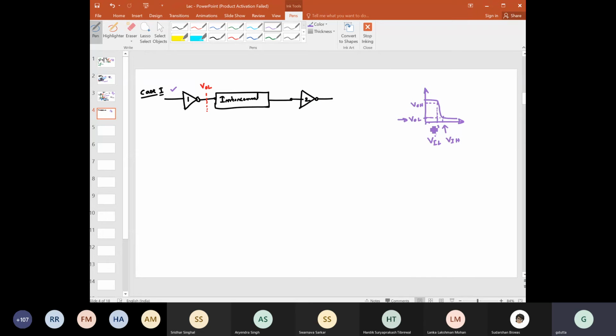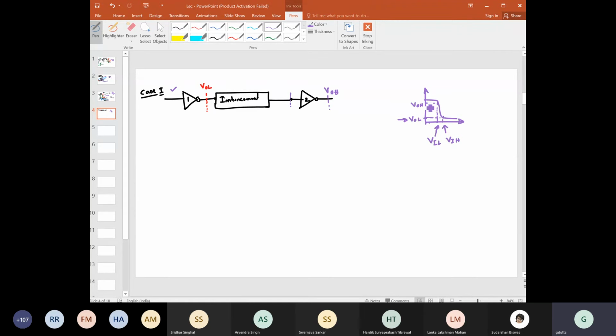So if 0.2 volt is the input for the second inverter, then the output is expected to be above VOH, or at least VOH. So the minimum output voltage here is VOH. So what should be the input voltage to this inverter?